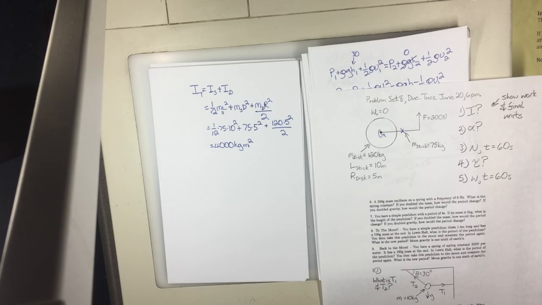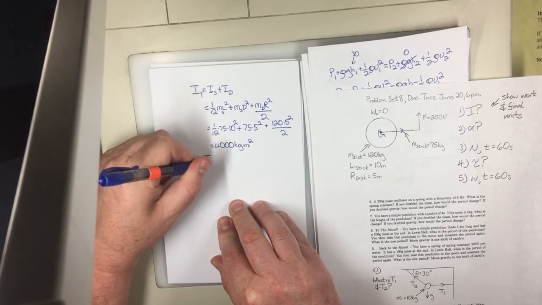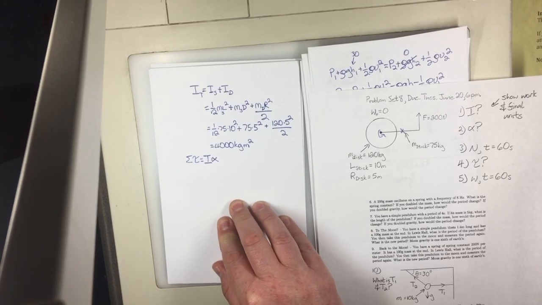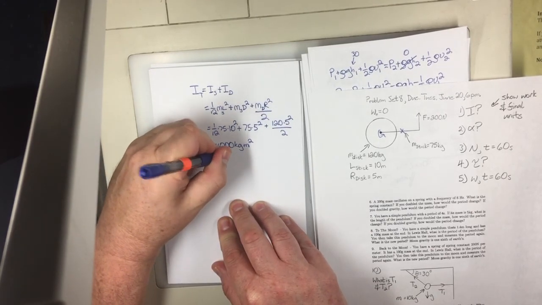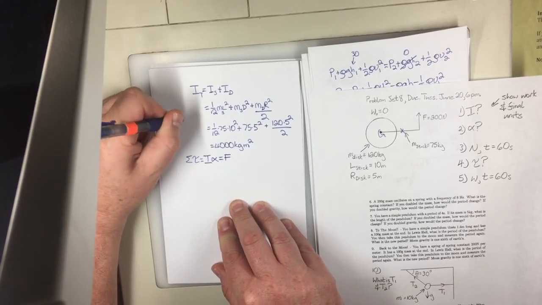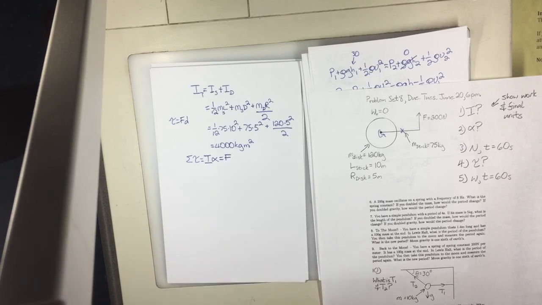Now I need to know alpha. Sum of the torques is equal to I alpha. We have one force, one torque. The force is F. Now torque is force times that distance, little d, the lever arm.